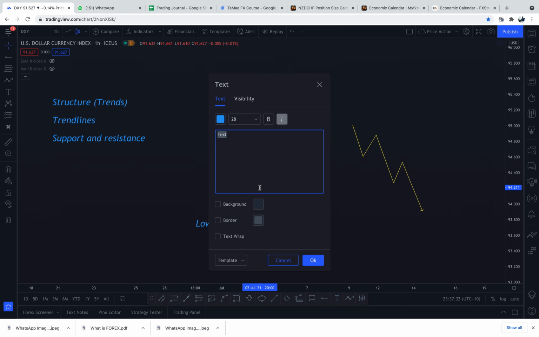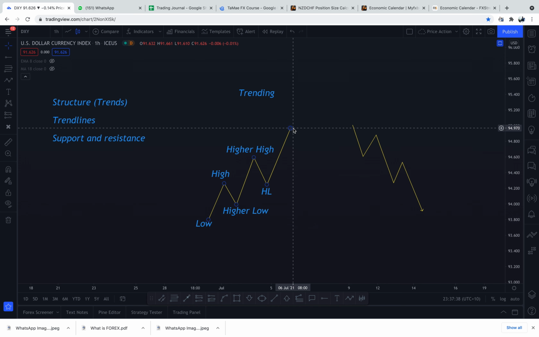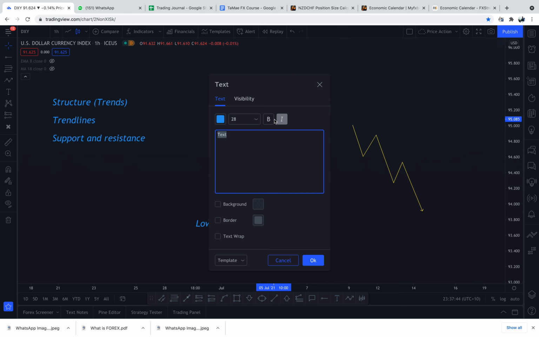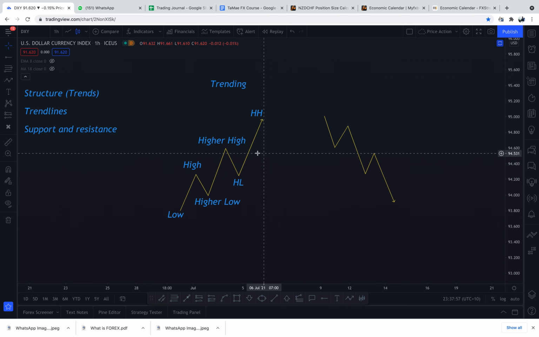So we can label this higher low. Okay, then from this point the market moved up, so this is higher than this, so that's a higher high. Okay, this is very simple to understand. Okay, so that's a trend. It goes from low to a high, higher low, higher high, higher low, higher high. So that's an uptrend.